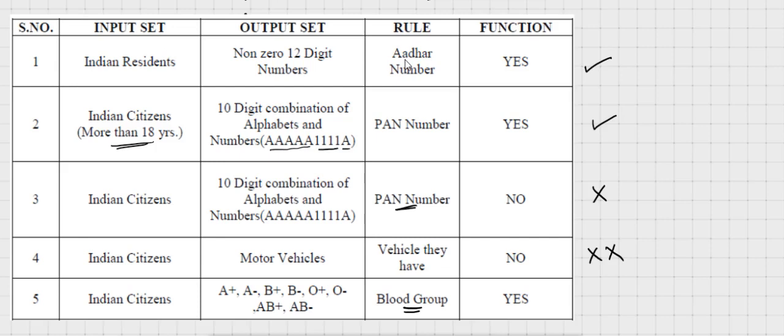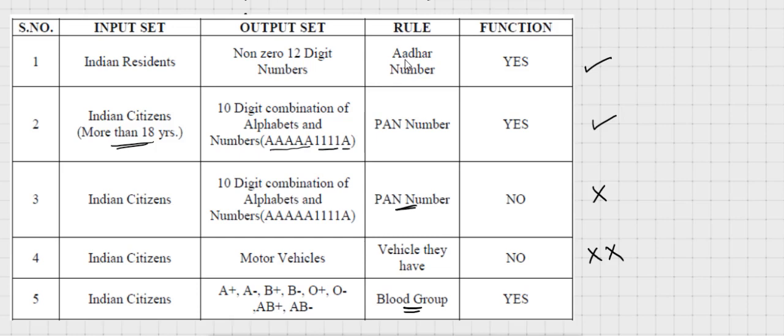Why? Because how I am naming this rule is a function. All the citizens will have a blood group. First of all, see, no element of the input set will be missed out. All the elements are having the output. That is, here the output is blood group.